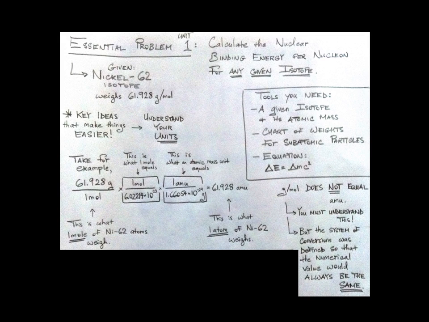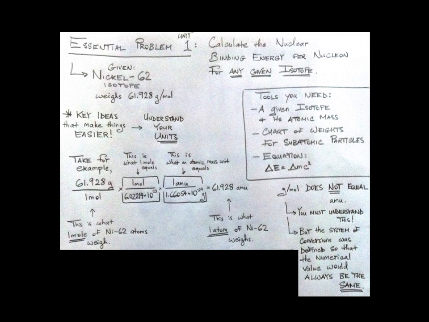There are certain key ideas that will make things easier, and the first one is to understand your units. Take, for example, the molar mass given. 61.928 grams is how much 1 mole of nickel-62 atoms weigh.